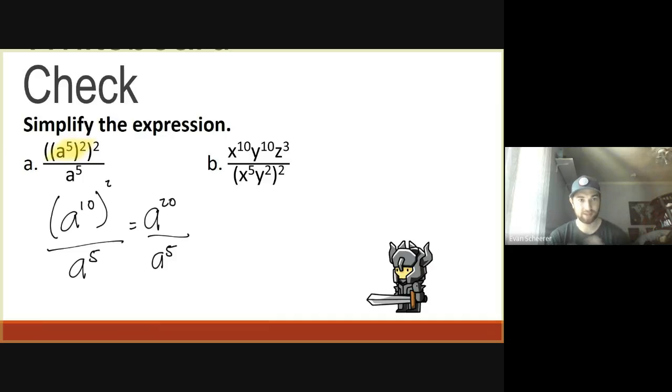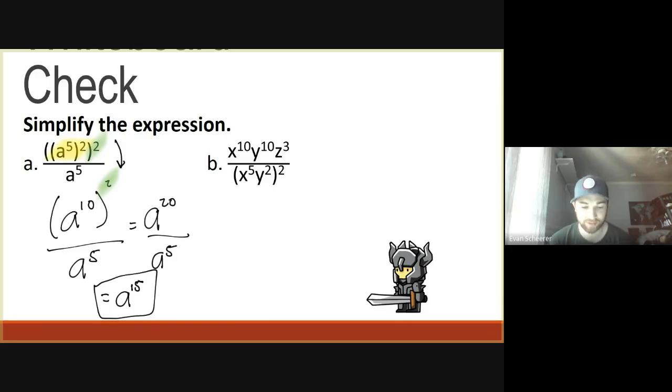So A to the 5th squared is A to the 10th, but I need to square that also because these twos match up right here. Those twos match up, right? So therefore, I just moved it down. So I got A to the 20th divided by A to the 5th, and that's going to equal A, not A to the 4th. Remember, whenever you have the same base, the exponents we're dividing, you subtract. So A to the 15th.